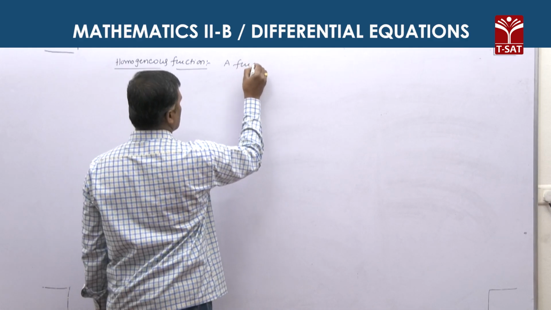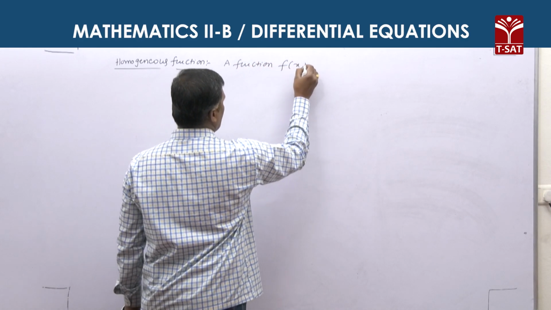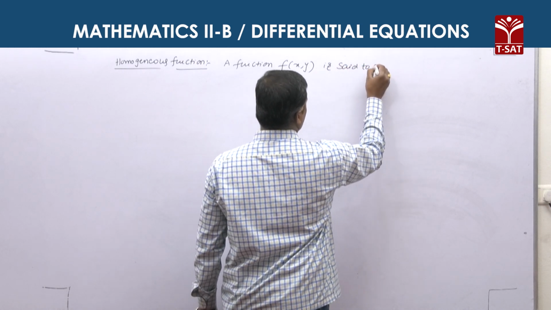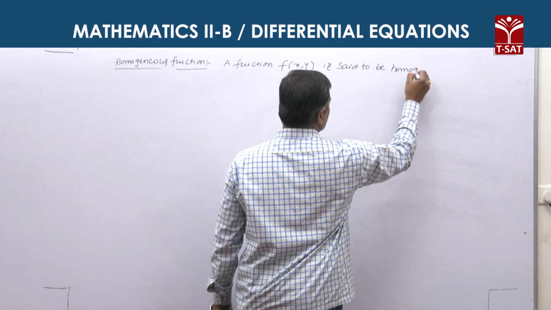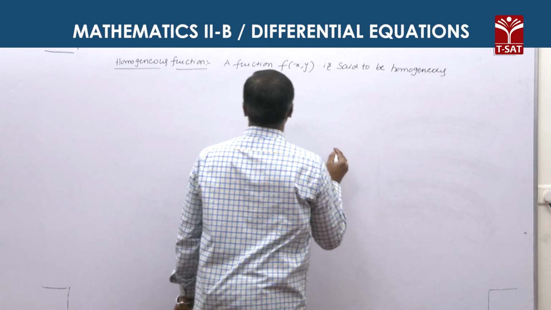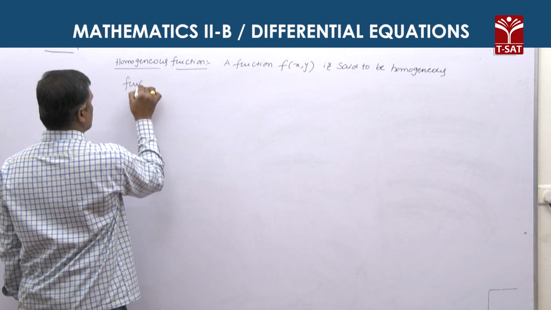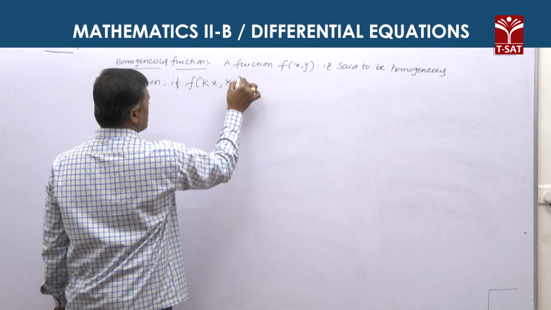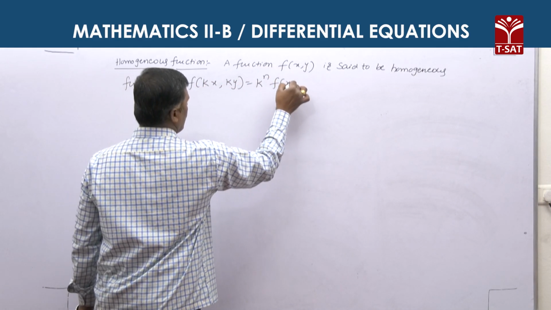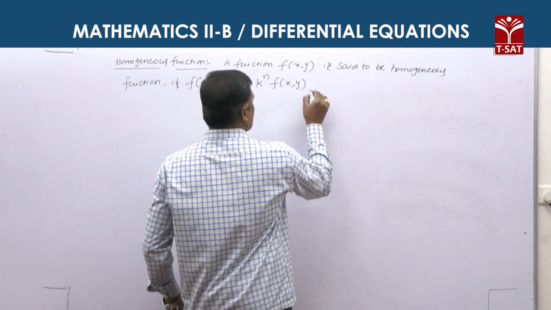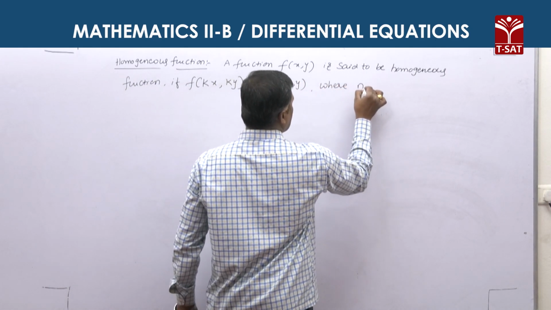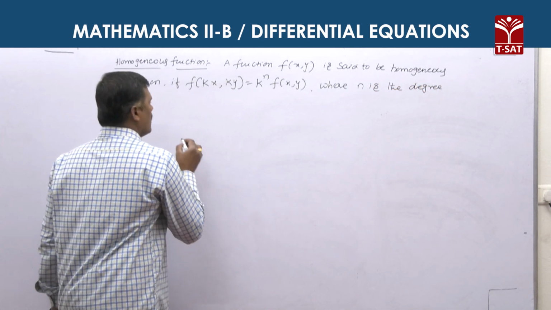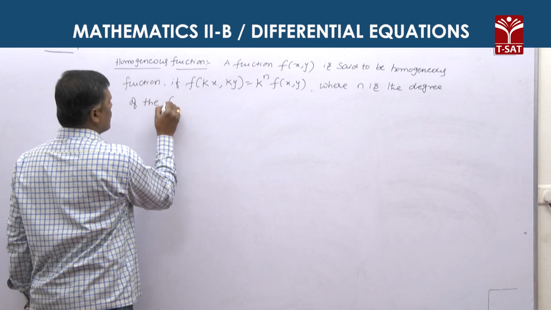A function f of x comma y is said to be homogeneous function if f of kx comma ky is equal to k power n into f of x comma y, where n is the degree of the function.